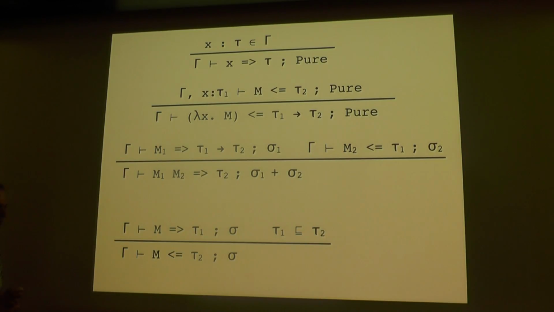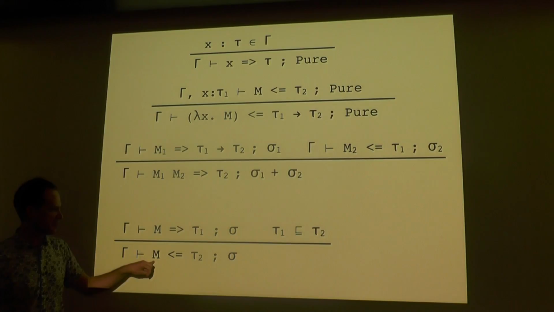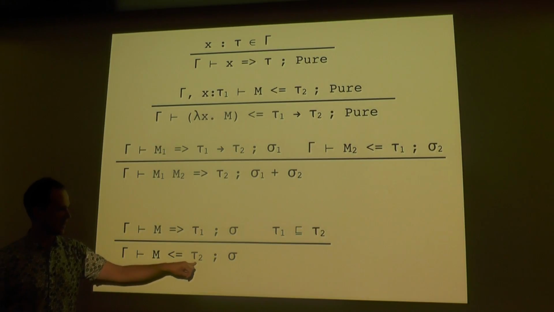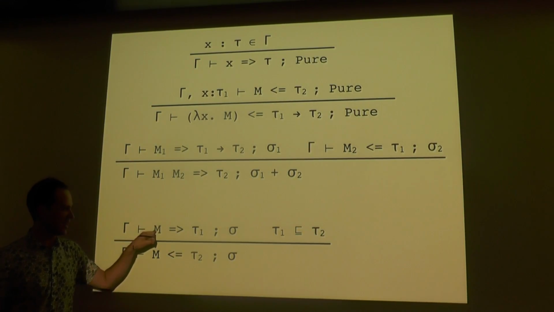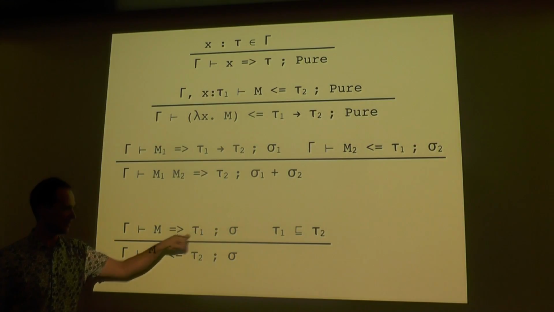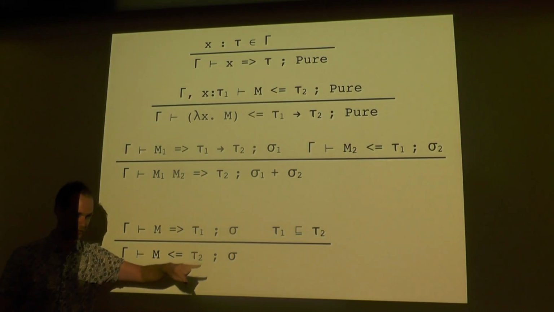So when you formulate a bidirectional type checker, there's this magic rule which coerces between inferred information and expected information. For example, this line here says that I have some expression and I want to check that it has type tau2. What I can do is to take the expression and infer some type tau1, and that's okay provided tau1 is a subtype of tau2.